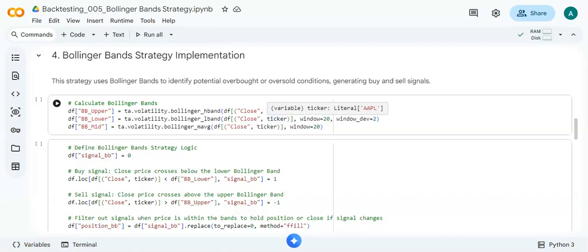Okay, so the Bollinger Band lower also has a window of 20 days. Window deviation is 2, and we buy when the closing price reaches this band because this is our oversold condition, right? And the Bollinger Band mid shows whether prices are in a flat condition, with no oversold or overbought condition.